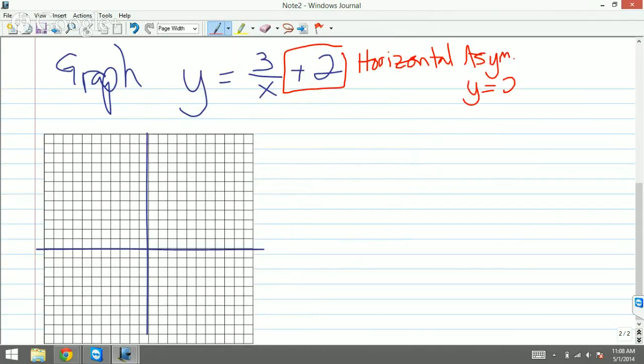That's y equals 2. All we've done is translated the graph. We've scooted it up 2 spots. Easy enough? Okay.